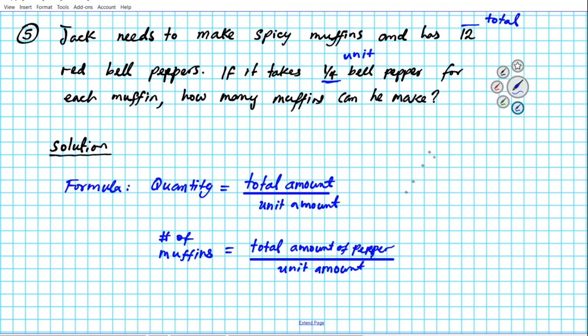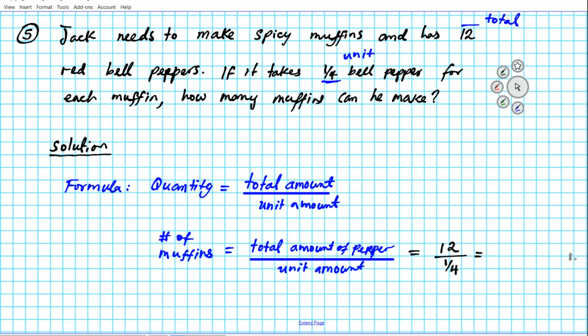All right, so in this particular problem, the number of muffins is going to be the total amount of pepper, which is 12, divided by the unit amount, how much pepper you need for each muffin, which is 1/4. So how do you do this? This looks horrible, it looks scary. 12 over 1/4. This is known as the vertical or the stacked way of writing division.